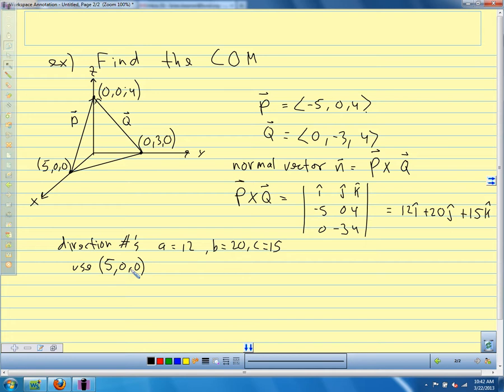So our equation is 12 times x minus 5 plus 20 times y minus 0 plus 15 times z minus 0 equals 0.